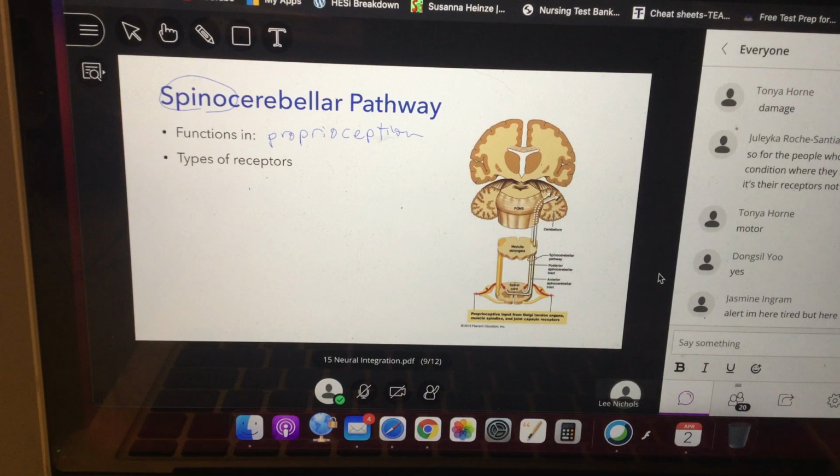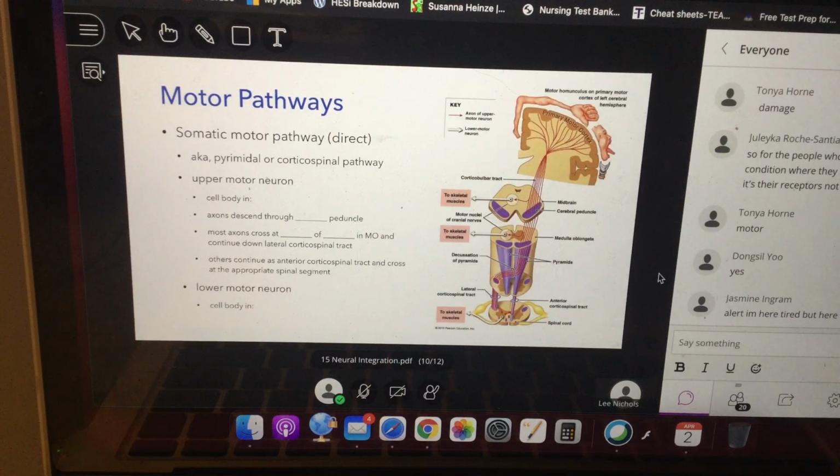It's going from the spinal cord to the cerebellum, and it is basically sending really subtle information from, check it out, Golgi tendon organs, right down here, muscle spindles, joint capsule receptors, all those things we've kind of talked about before. They're mechanoreceptors that are stimulated with movement.